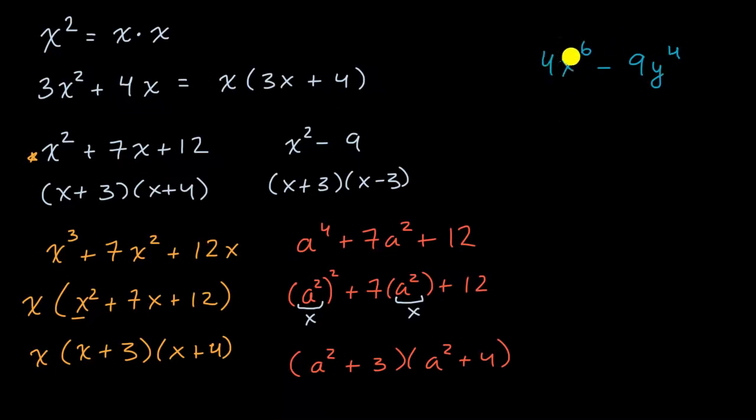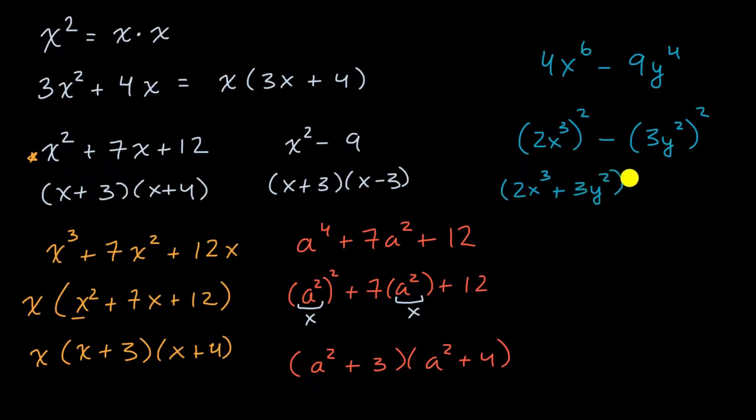I could write the first one as 2x to the 3rd squared minus, and I could write the second term as 3y squared squared. And now this is just a difference of squares. So it would be 2x to the 3rd plus 3y squared times 2x to the 3rd minus 3y squared.